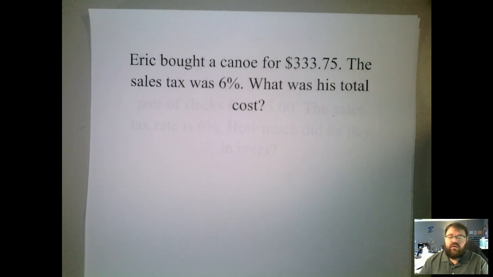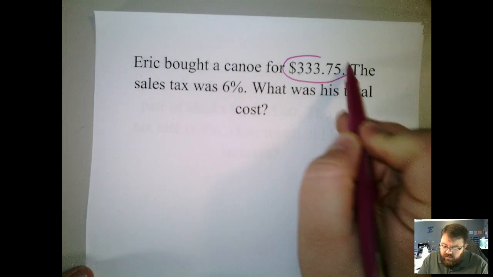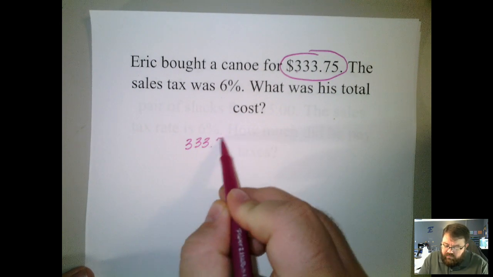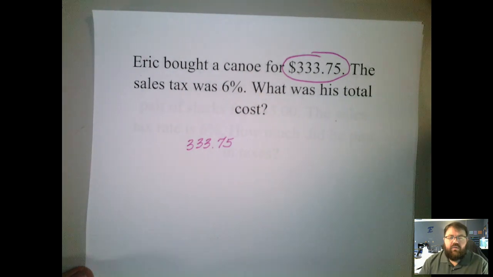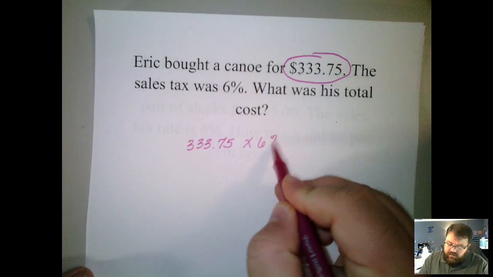When you are shopping, you'll see the price of a particular item, and the taxes are not included in that price. When you go to check out, then you will pay the taxes on whatever it is that you bought. So I have the canoe price, $333.75, and I'm going to multiply that by 6%.